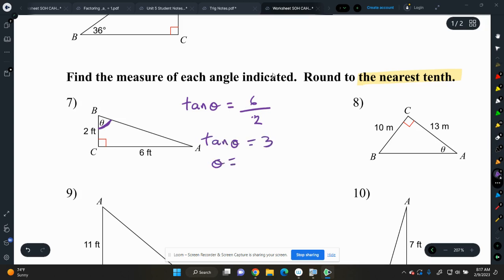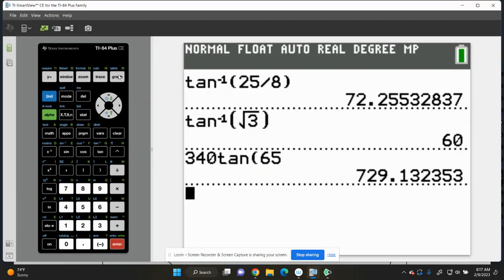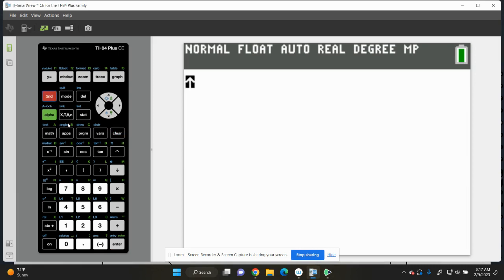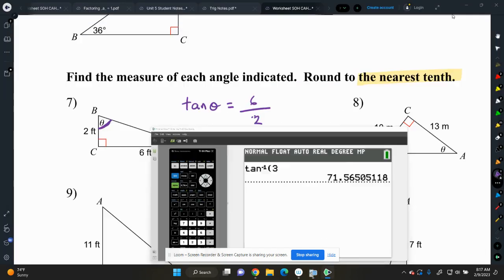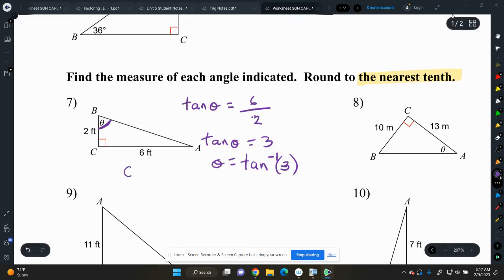So theta equals inverse tangent. Don't say the 1 to the negative, right? Inverse tangent of 3. So on our calculator, second tangent, and we put 3 in there, and we get 71.565. It says rounded to the nearest tenth. So theta equals 71.6 degrees.